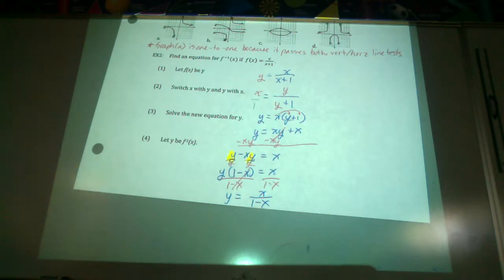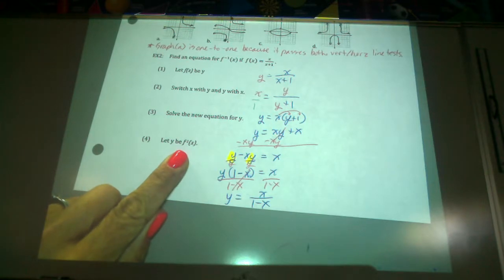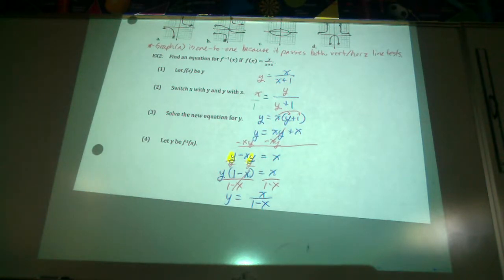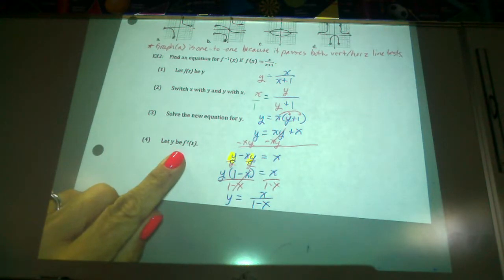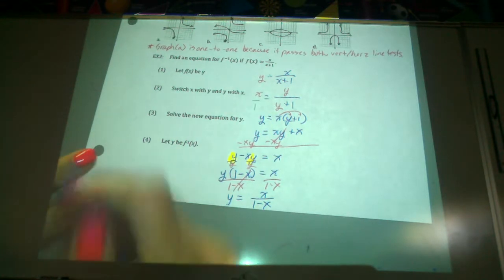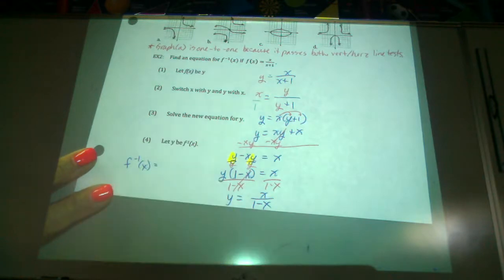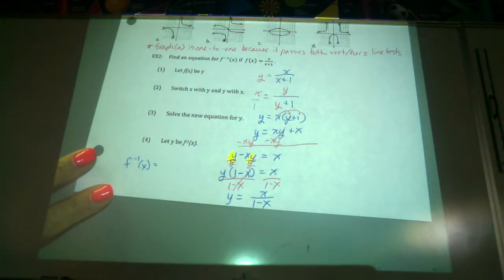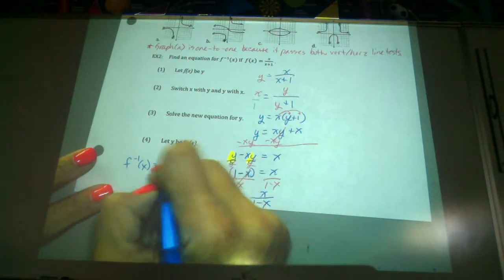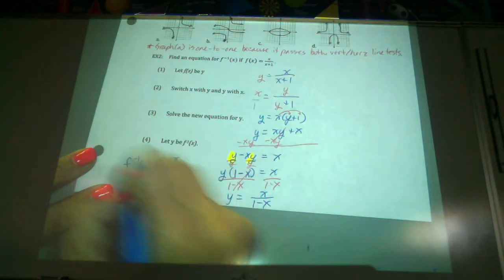Very last step says let y be f inverse of x, and that's the inverse notation. So the last part is just replace y with the inverse notation for the function, and you got x over 1 minus x.